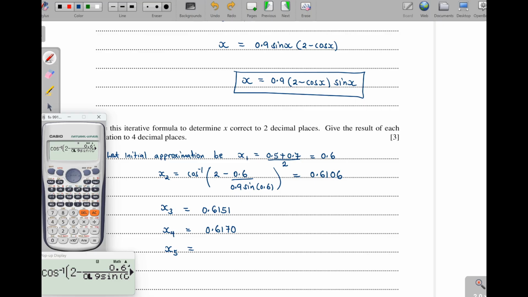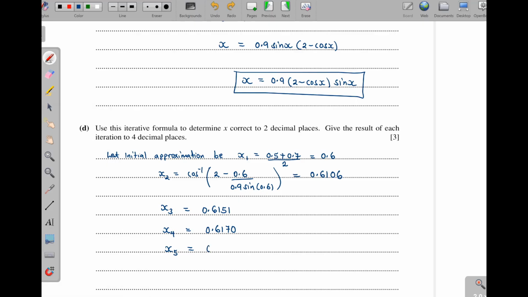Then also down here, 0.6170. So we are getting 0.6178. So these three are giving us the same value, 0.62. That means the root is going to be 0.62. That is to 2 decimal places. And that is that.